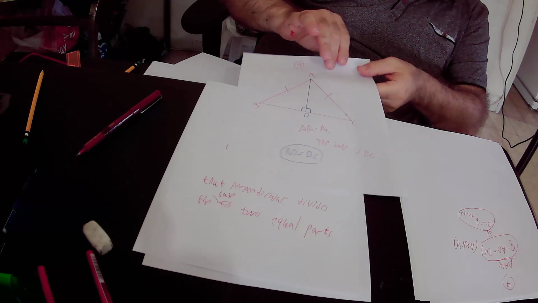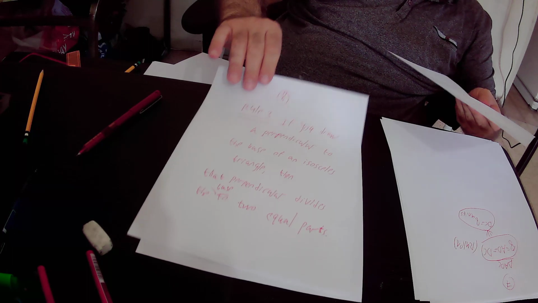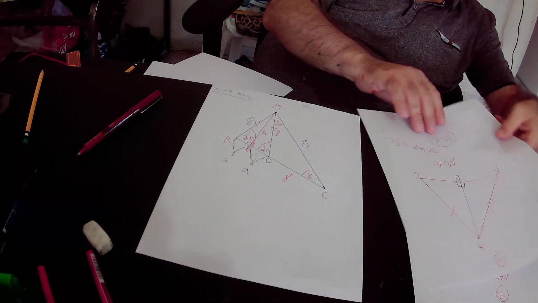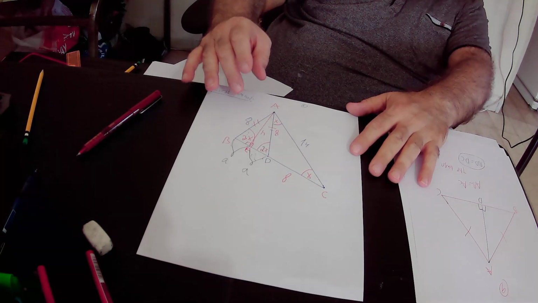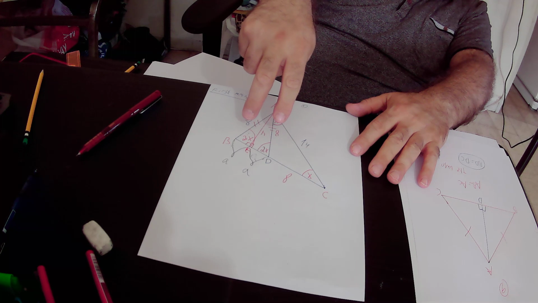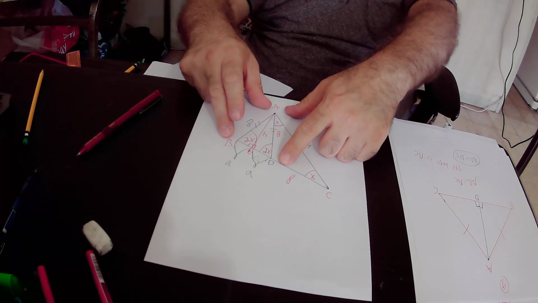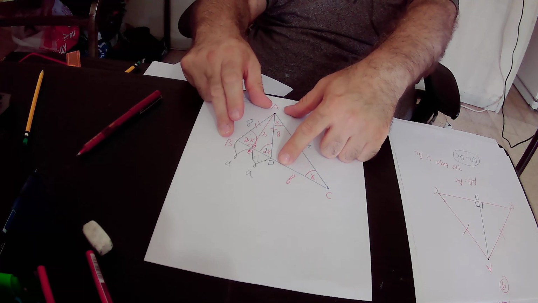So we can implement rule number 3 in our triangle. Actually, we have triangle ABD. Triangle ABD is an isosceles triangle because AB equals AD. In triangle ABD we have 2 equal sides.